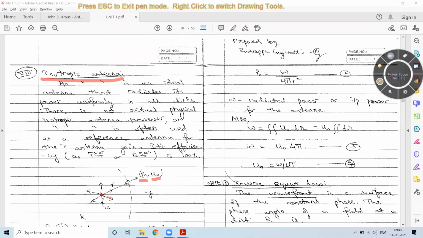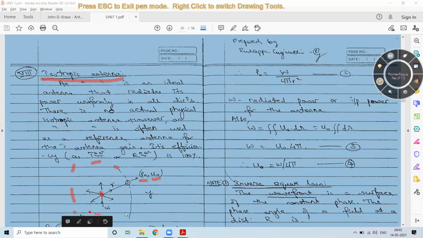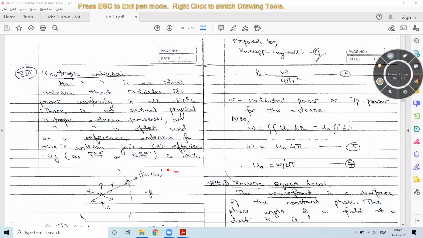Now, whenever we consider an antenna at the center of a sphere, we imagine that there is a sphere surrounding this antenna, and I measure the value of either the radiation intensity or the power density throughout the surface of the sphere. If I move to any point on the sphere, at one particular distance, and I measure a constant value, with the antenna assumed to be present at the center of the sphere.